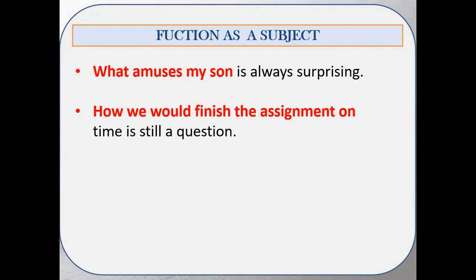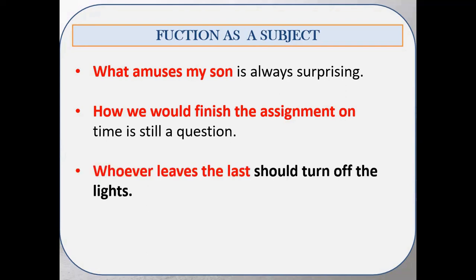So here, this is a noun clause as subject. Then again, whoever leaves last. Whoever is basically a subordinating conjunction, and the rest, leaves last, is working as a subject. So this is an example of a noun clause functioning as a subject.